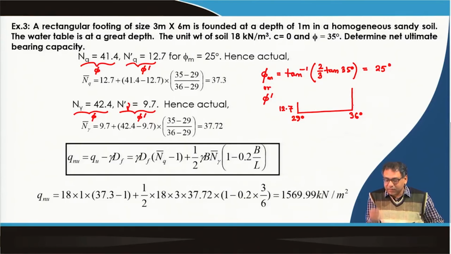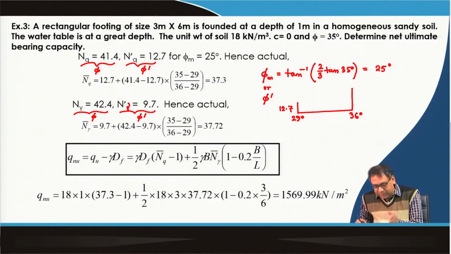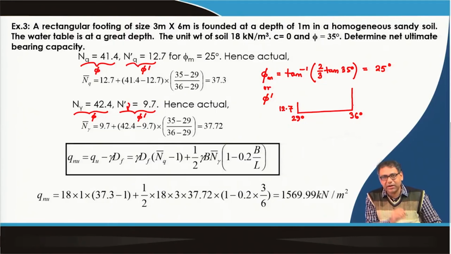Why? Because the bearing capacity factors that I have calculated considering phi equal to 35 degree, actually that is the general shear failure consideration. So, that is why I am writing 36 degree, because that is the limit, and the bearing capacity factor that I have calculated considering the phi dash or reduced phi, that is the local shear failure consideration. So, that limit is 29 degree. So, that is why I am writing 29 degree.